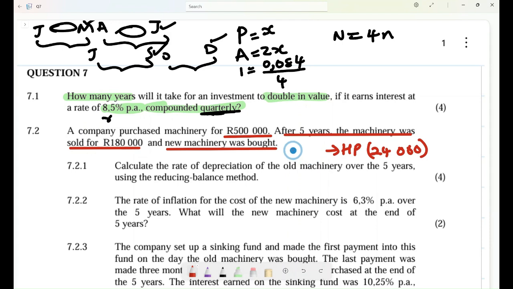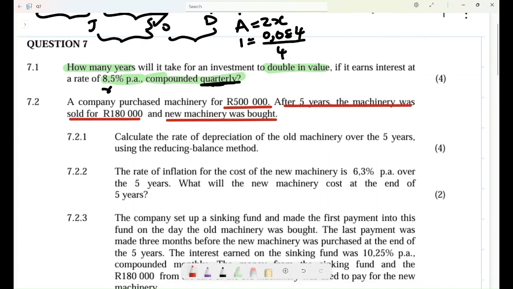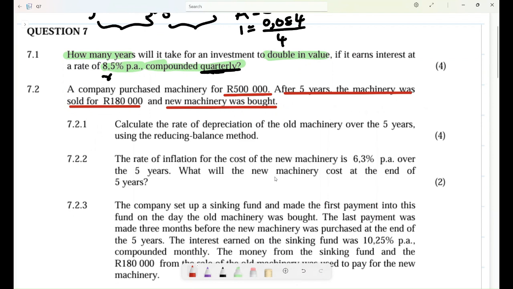All right. Now let's move on to the question and ignore my story for a little bit. Calculate the rate of depreciation. Remember the rate is R, right? R is I multiplied by 100, whereas I is equal to R divided by 100.